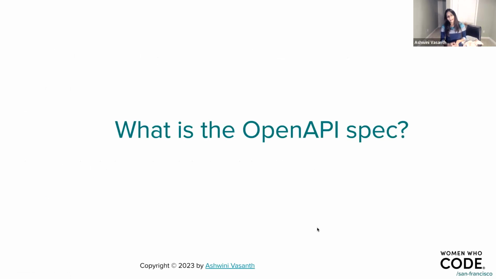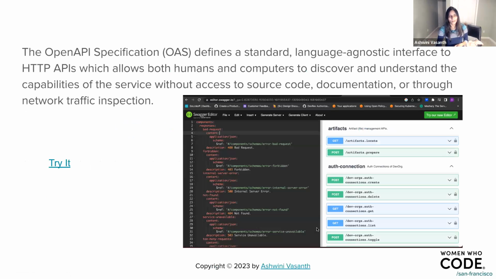Okay, so now coming back to the standard we spoke about, there's something called an OpenAPI spec, which DevRev complies to. What is it? It's a language-agnostic interface for HTTP APIs, which allows humans and computers to discover and understand the capabilities of a service without looking at documentation or source code.